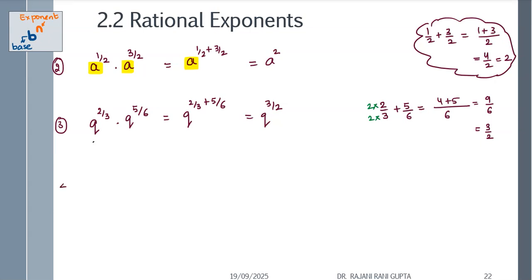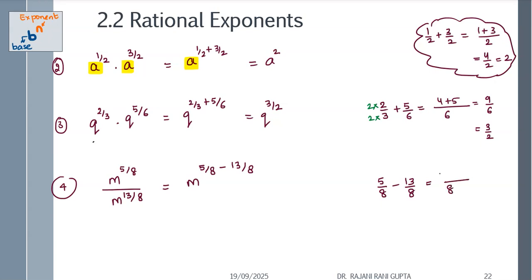Now, if you have, say, m power 5 over 8 divided by m power 13 over 8, what will you get? It's a quotient, so you subtract the powers using the rules of exponents: 5 over 8 minus 13 over 8.